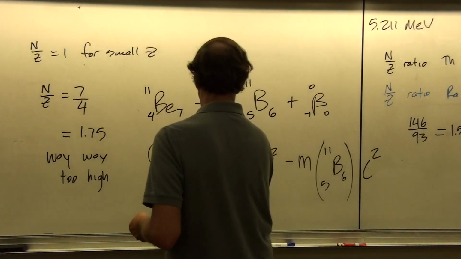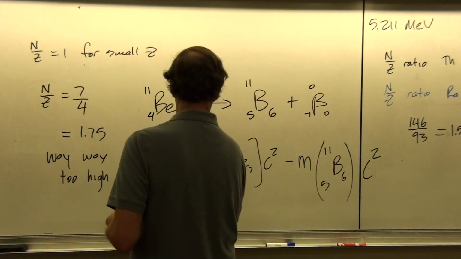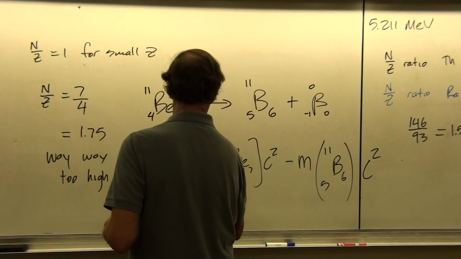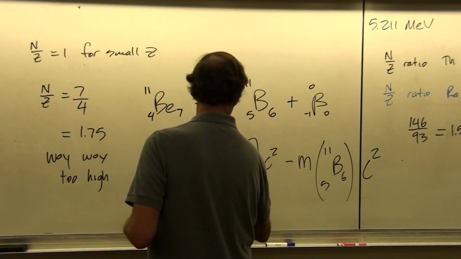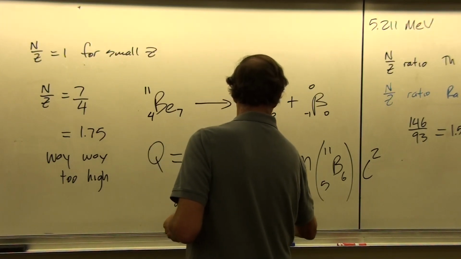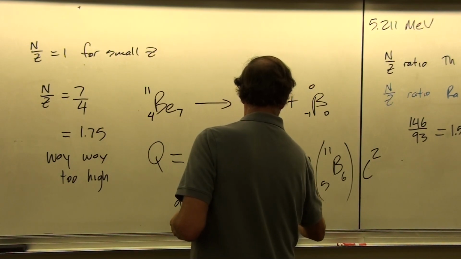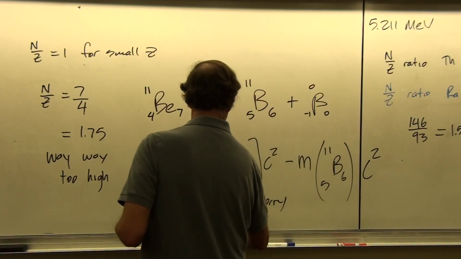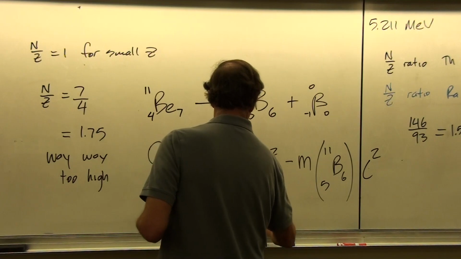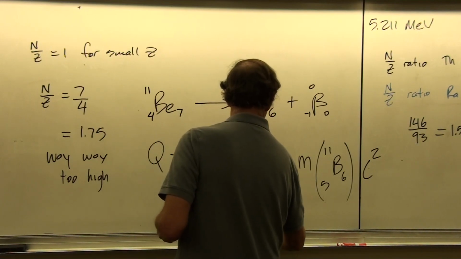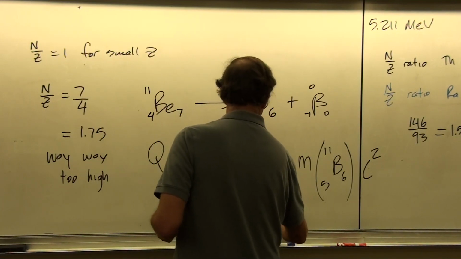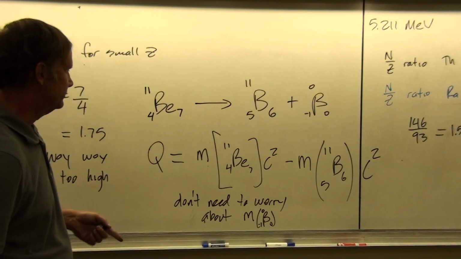So you don't have to worry about the mass of the electron in this Q reaction. And again, I can prove that that's true, but I'm not going to do that right now.